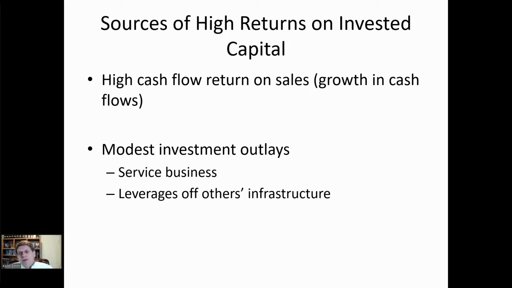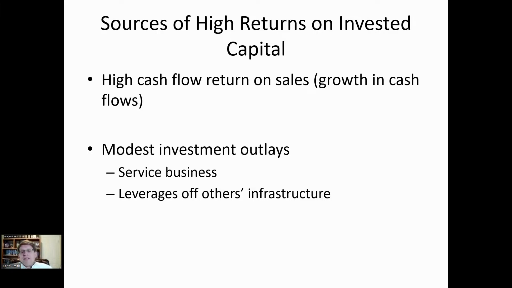For example, if you look at auto dealerships, a lot of their costs are either service related, or if you're talking about financing inventory for their automobiles, a lot of it can be floor plan financing provided either by the OEM or some other third party. So they're buying the automobiles on credit at a reasonable interest rate. That's an example of having modest outlays in that business.